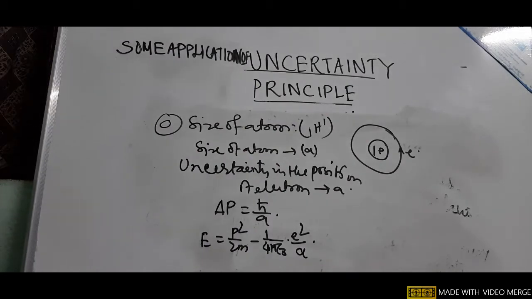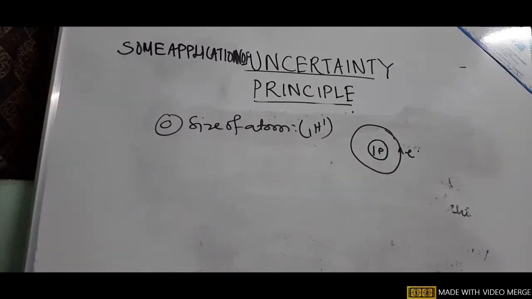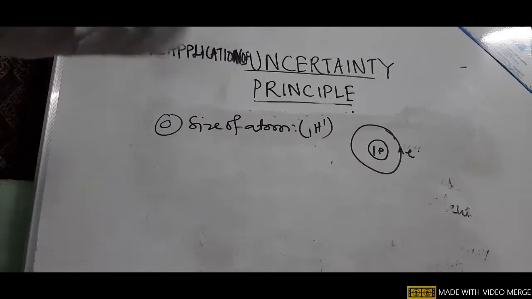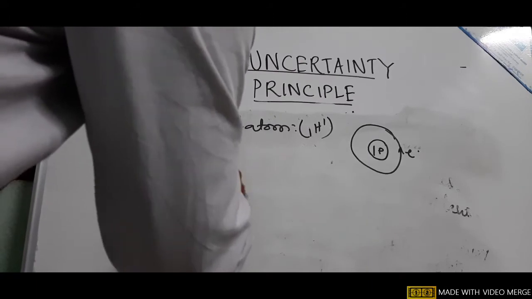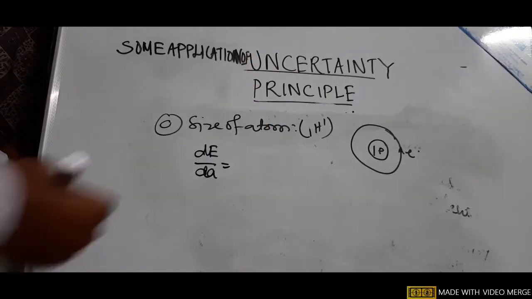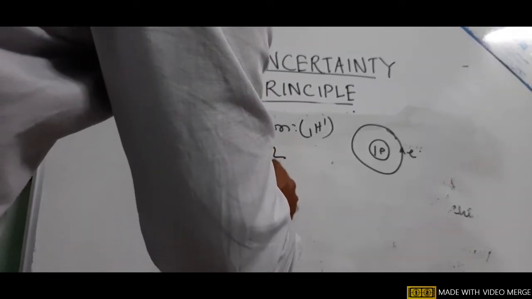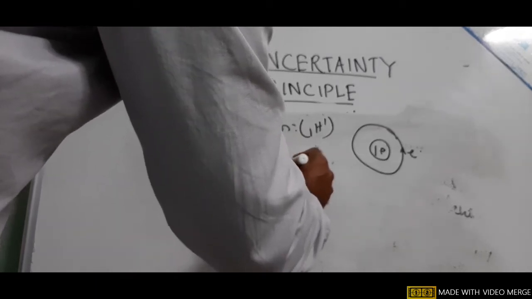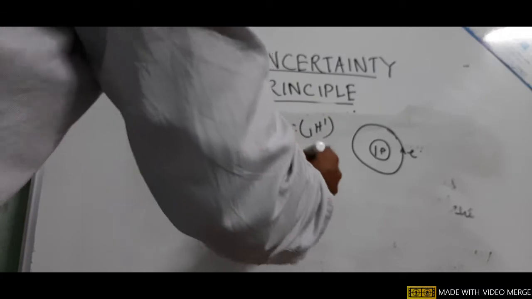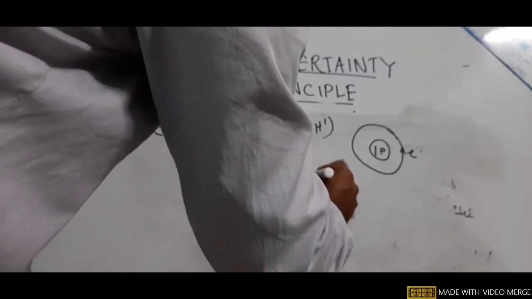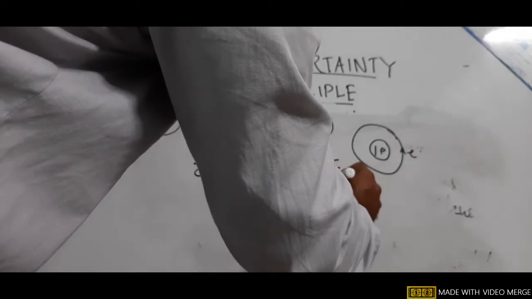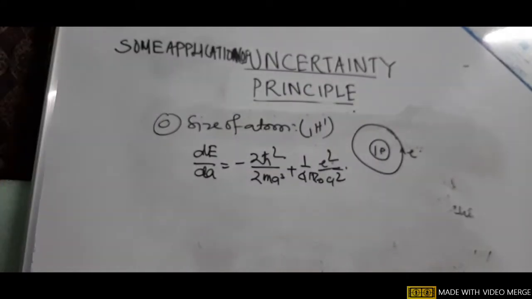As you know, for a stable atom the energy is minimum. Energy is minimum means the first derivative of the energy with respect to a should be zero. If you find dE by dA, this becomes minus 2h square divided by 2m a cube, plus, from the potential energy, 1 by 4 pi epsilon e square by a square.